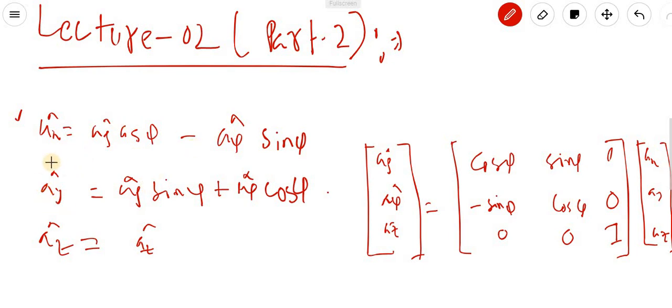These are the relationships of the direction unit vectors between the Cartesian and the circular cylindrical coordinate systems. So if we know the rectangular components, then we can get the components of the cylindrical coordinate system.